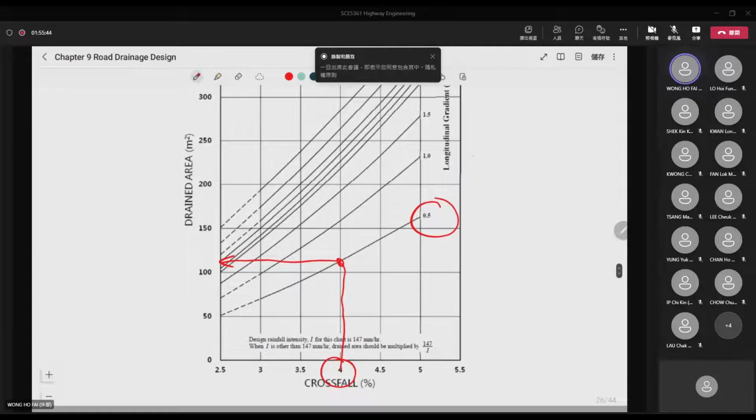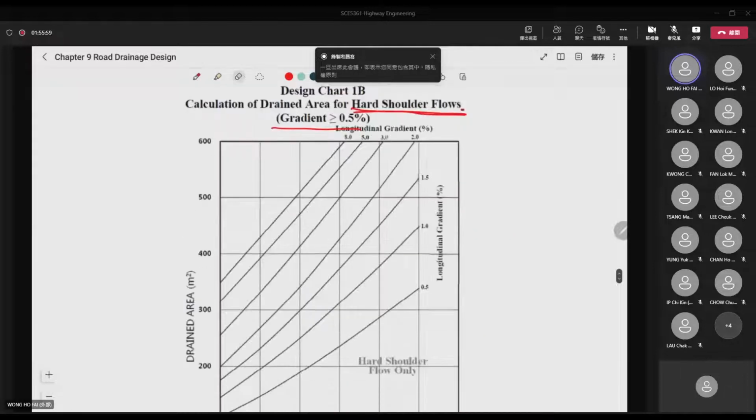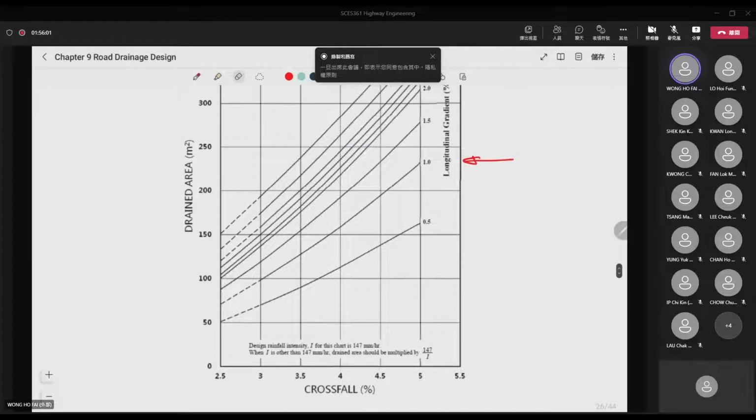Then we need two data. One is the longitudinal gradient. The other one is the crossfall. So we can find together. Please tell me what is the general calculation for the area. Okay, we should do this one. What is the crossfall? What is the value of the crossfall?